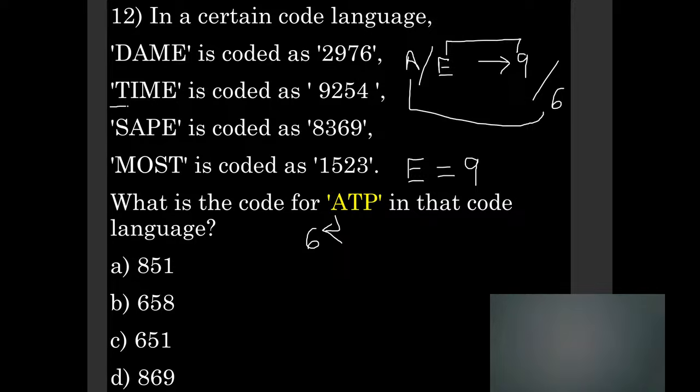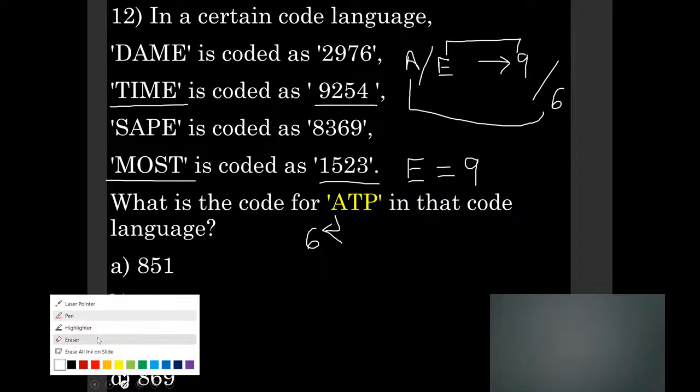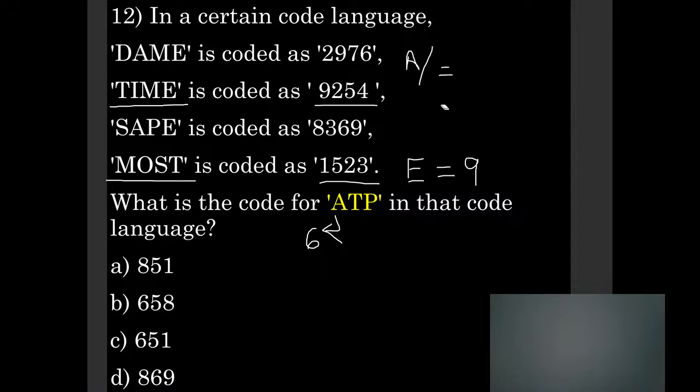T value is common here and also in this. But we have another letter also common. We have M and T common when compared to the second and fourth.